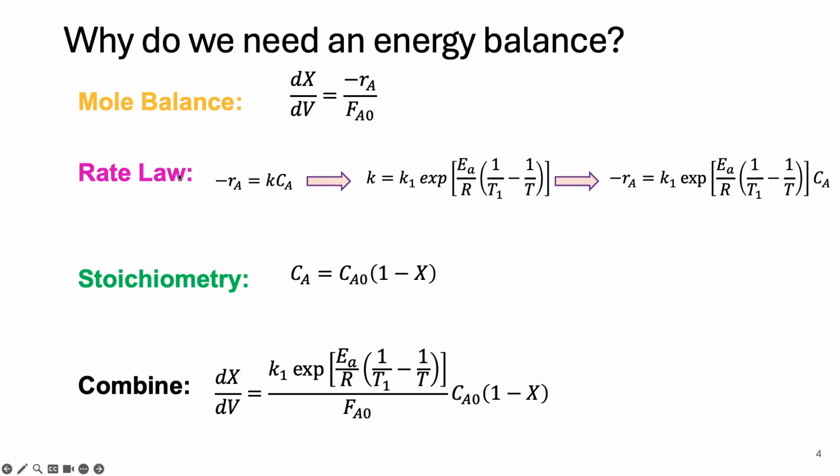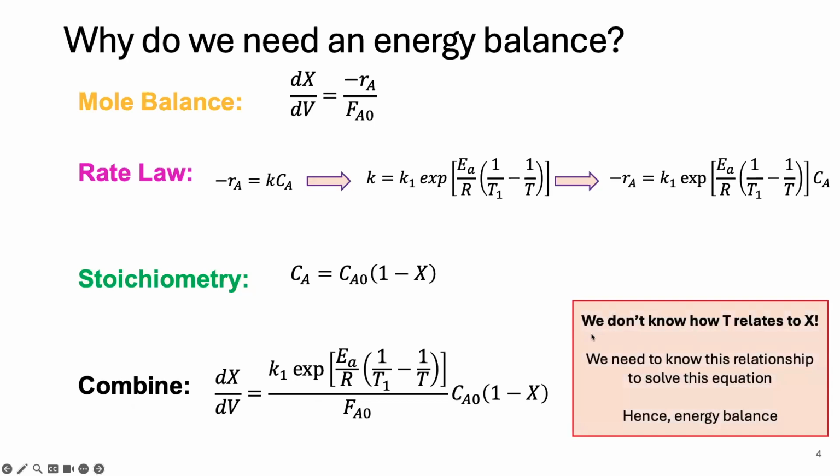And so if we combine our expressions in a non-isothermal reaction, we can then see that the changes in conversion as a function of change in volume of our reactor are sensitive to the temperature.